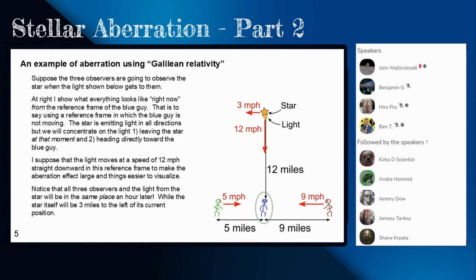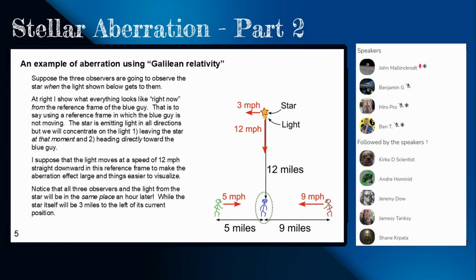So this is a picture of the way things are at the instant that the light is emitted from the star that he will eventually see, the light that we will be interested in him looking at. So the star is up there. It's 12 miles away. It's moving to the left at 3 miles per hour.